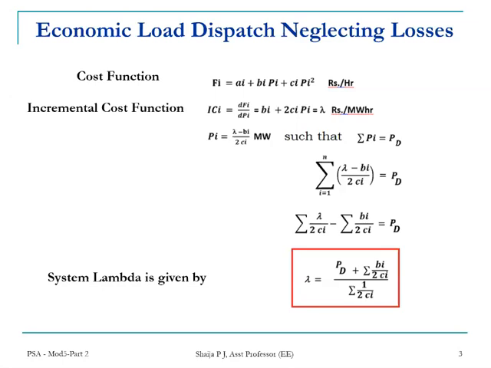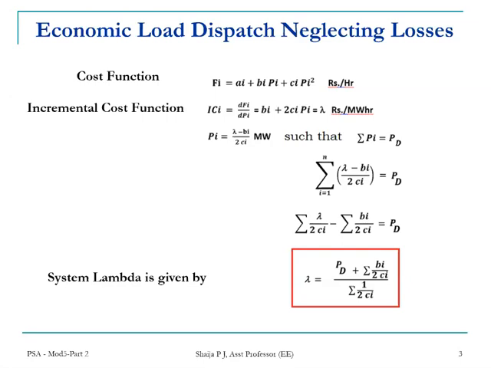So in that case, we consider the cost function as Fi is equal to Ai plus Bi into Pi plus Ci into Pi square rupees per hour, where Pi is the power generated or active power generation of the ith station. A, B and C are constants and Fi relates to the cost function.